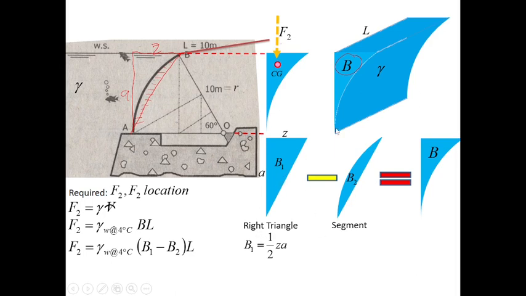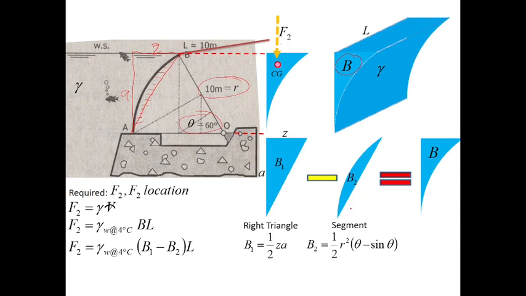Then, we have the angle of 60 degrees. So, theta is 60 degrees. If that's the case, ito yung ating radius, angle and radius. So, ang segment area, okay, recall your geometry.